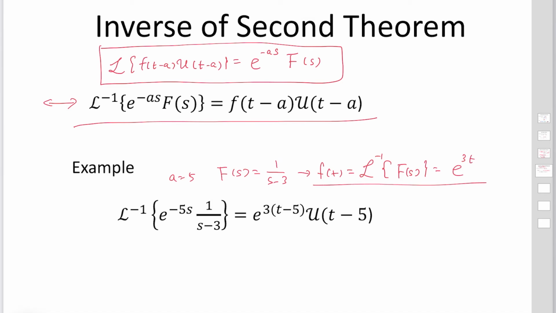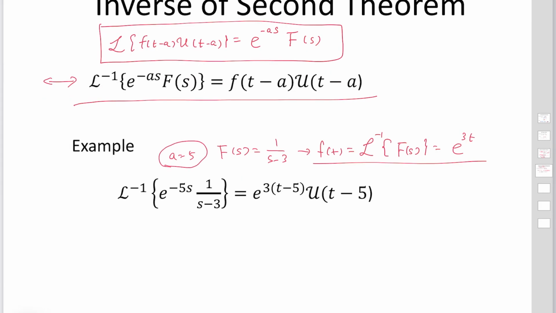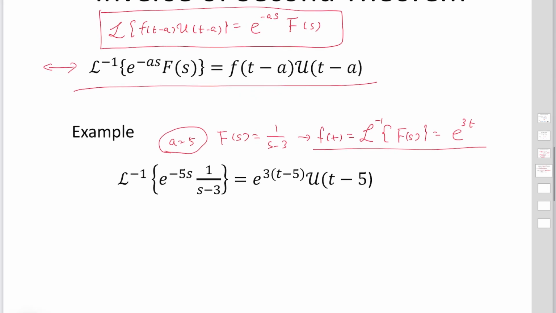So we obtained f(t) equal to e^(3t). We have already found a equal 5, so you replace t with t minus 5, and multiply by the unit function u(t minus 5). Okay, this is the inverse of the second theorem.